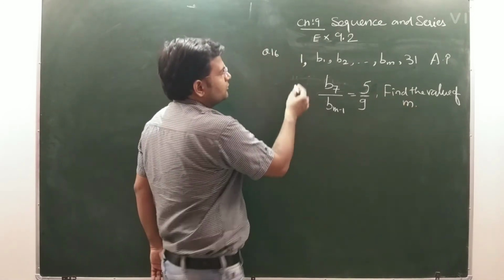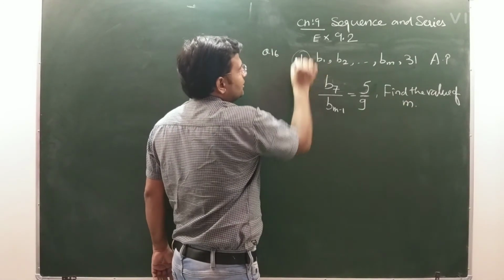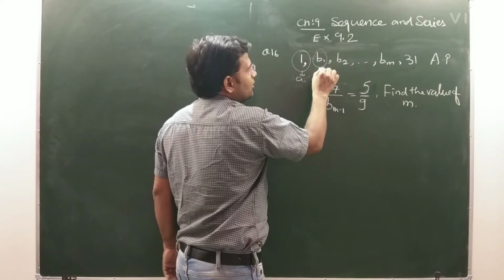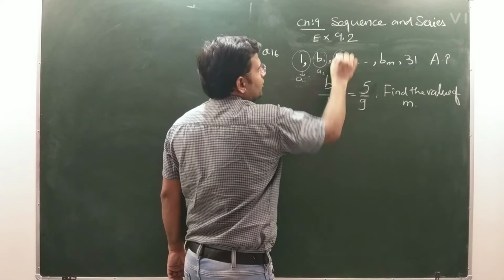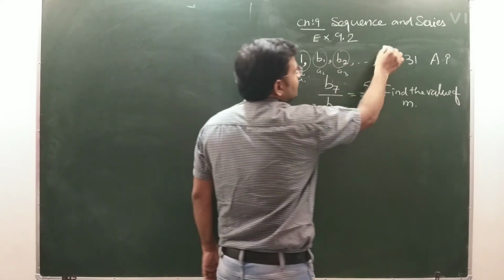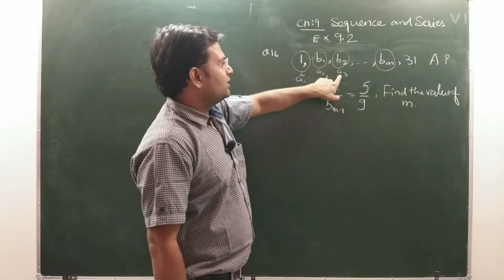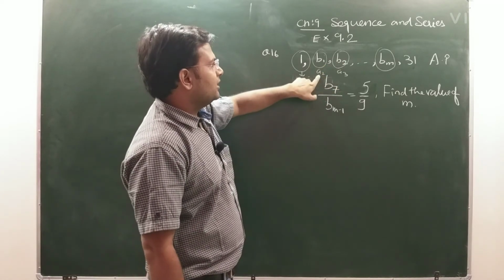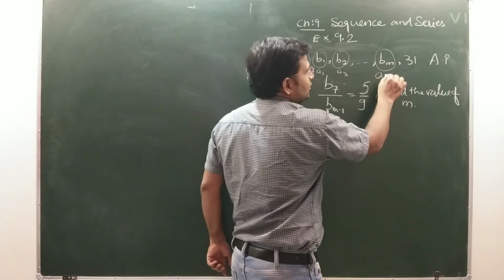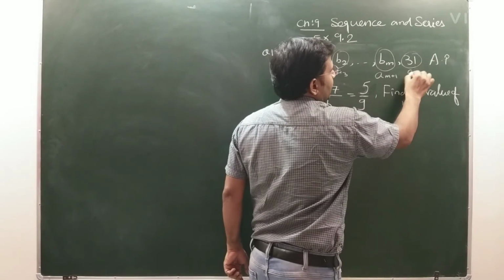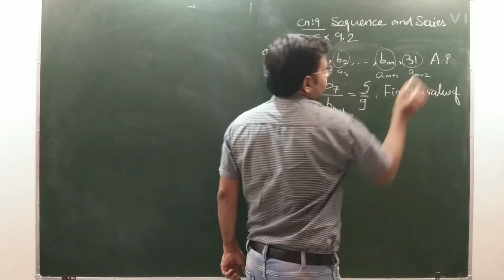Here it's very important to understand that this is your first term, a1, then this will be your a2, this will be your a3. If it is b1, then it is a2. So this is your a(m+1), and this term will be your a(m+2).